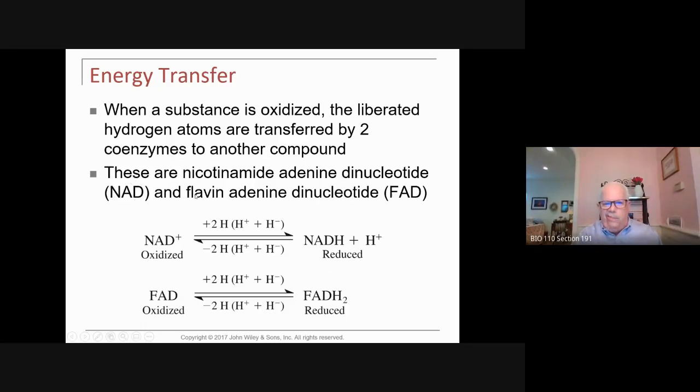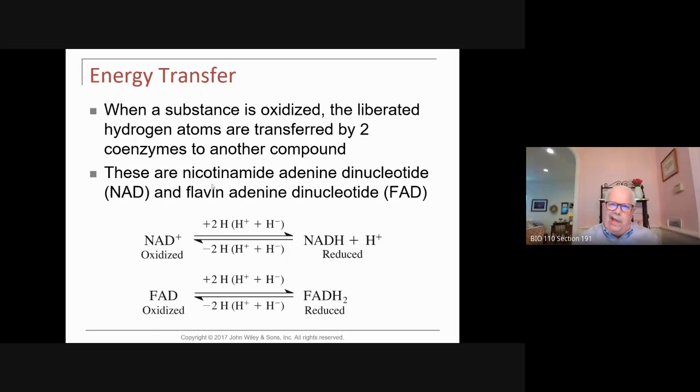You also have flavin adenine dinucleotide, or FAD, which is a precursor to the vitamin riboflavin, which is a B vitamin. So both of these coenzymes, precursors of vitamins, transfer the liberated hydrogen from a substance that was oxidized.